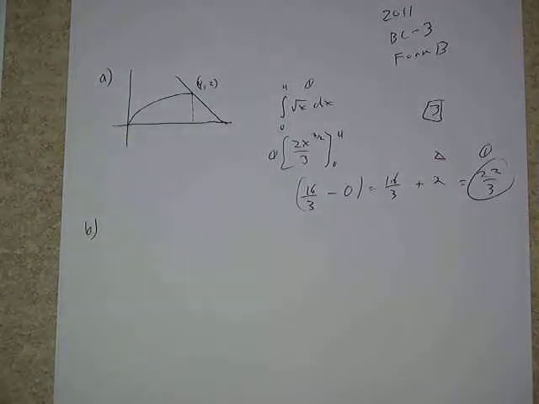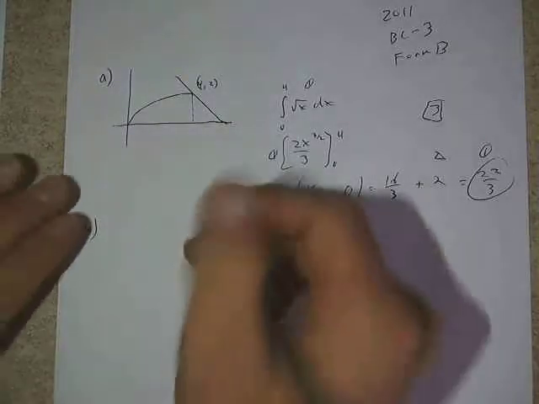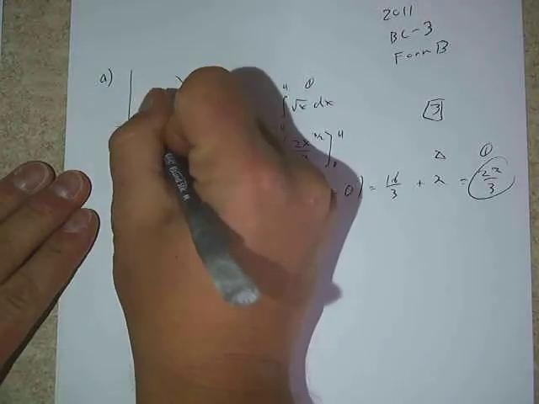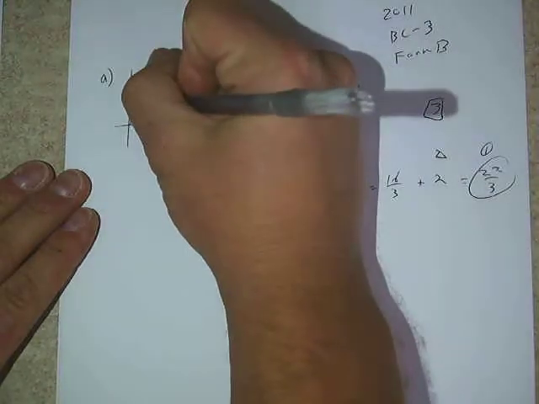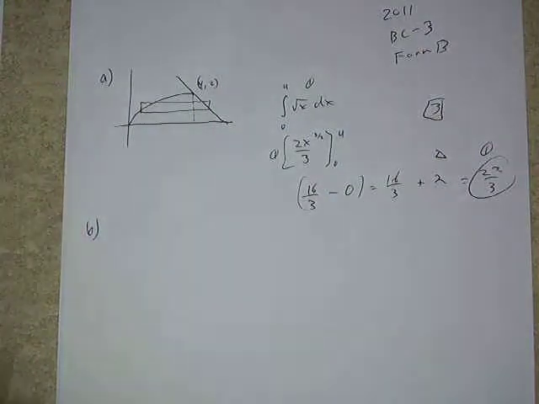Part B says that the region R is the base of a solid, and says for each y, where y is from 0 to 2, the cross section perpendicular to the y-axis is a rectangle. Okay. So perpendicular to the y-axis would mean that these rectangles are horizontal, if you will.